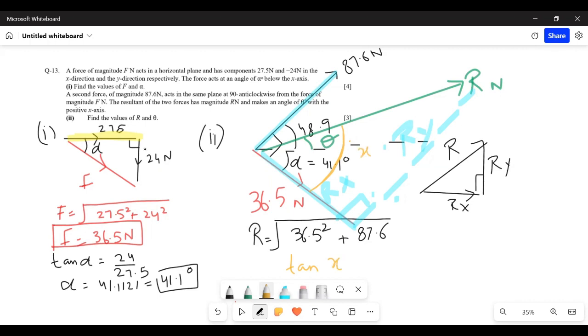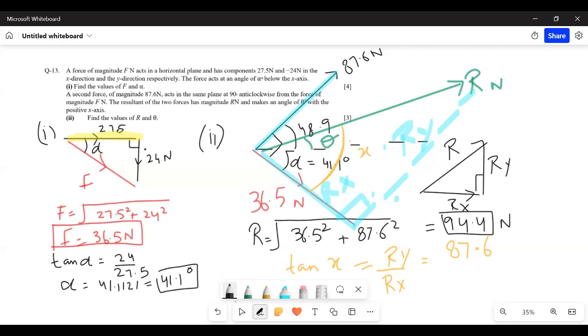So tan x equals opposite, which is Ry, over adjacent, which is Rx. So Ry है हमारा 87.6. तो यहाँ स्क्वायर नहीं किया, और ये रिजल्टेंट निकालना भी था. रिजल्टेंट आएगा फॉर पार्ट 2, 36.5. Sorry, 94.4. Going to be 94.4. Okay, that's the resultant force.